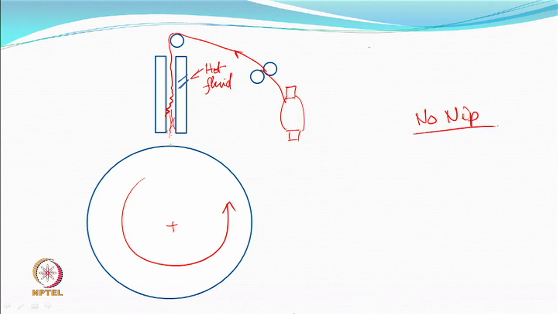You see, in all overfeeding systems, you have a feed roll which is moving at a certain speed, which is a nip. Then there is a take up roll which is also nipped. So, between these two you have a differential speed, and so you overfeed.